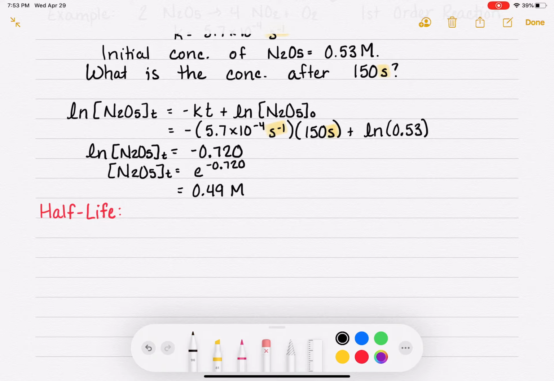So you've probably heard of and used half-life before, maybe in biology. The half-life is defined as the amount of time that it takes for an initial concentration to decrease by half.